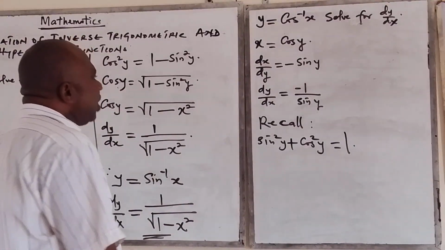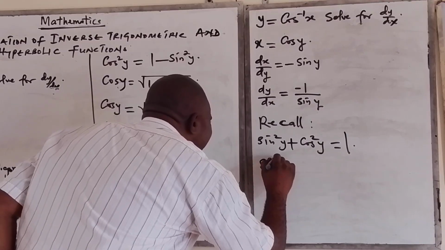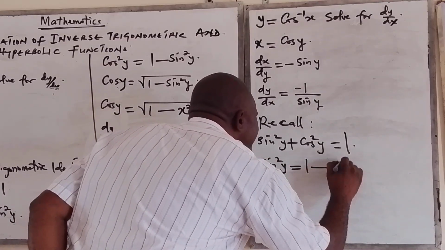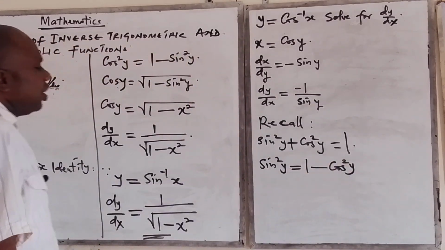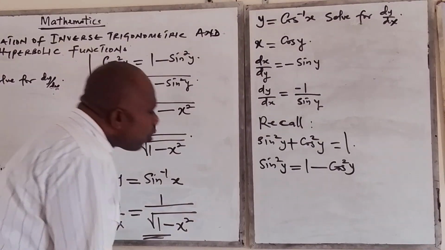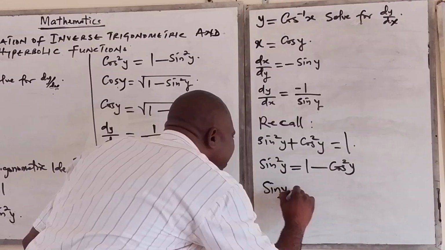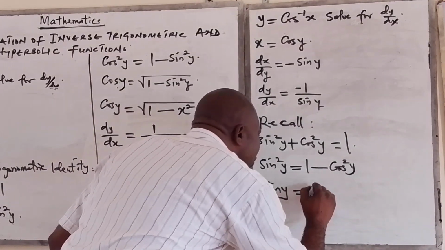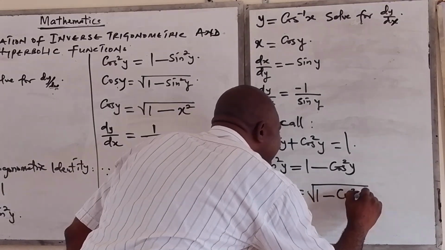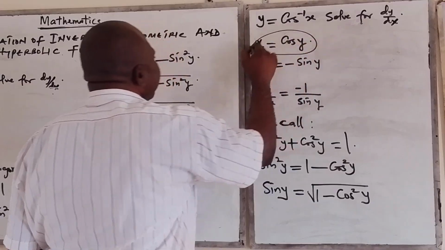So it therefore means that sine squared y will be equal to 1 minus cos squared y. Now, removing the square, it means our sine y will be equal to the square root of 1 minus cos squared y. And remember, we said let x be equal to cos y.